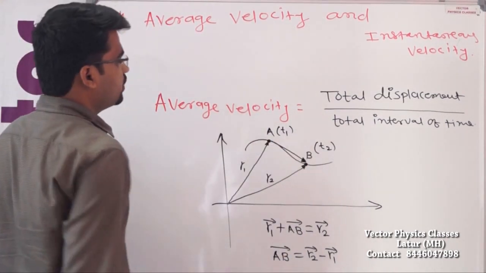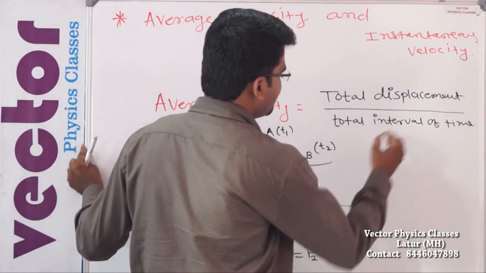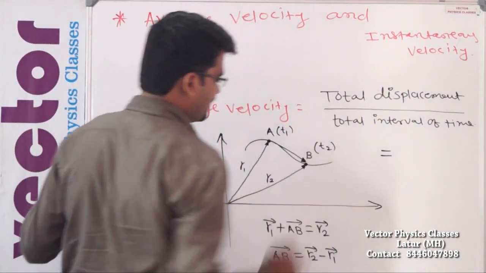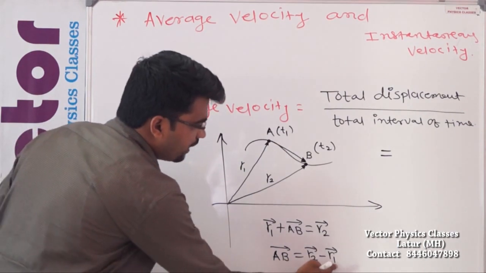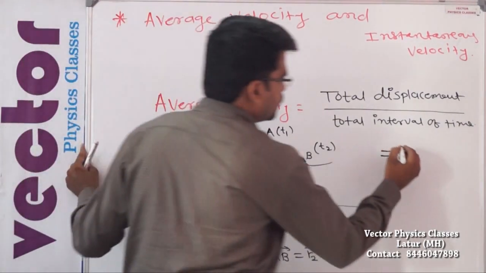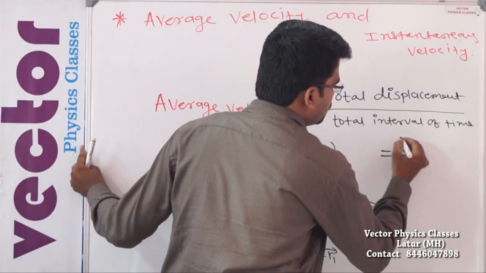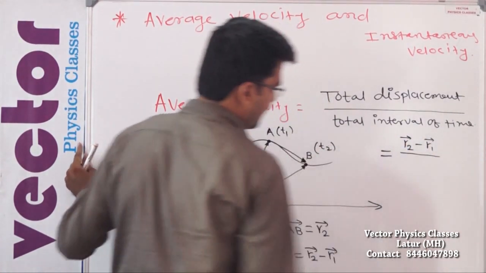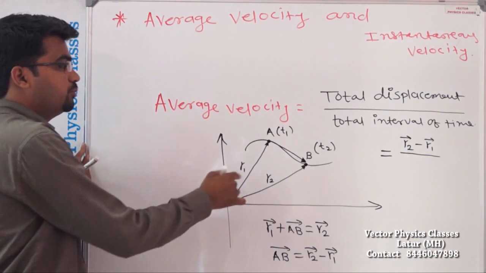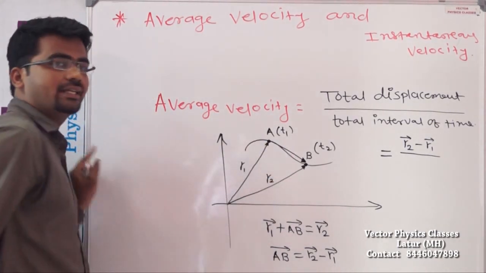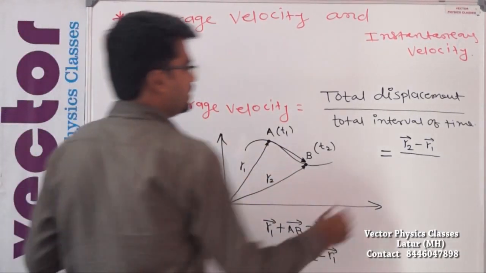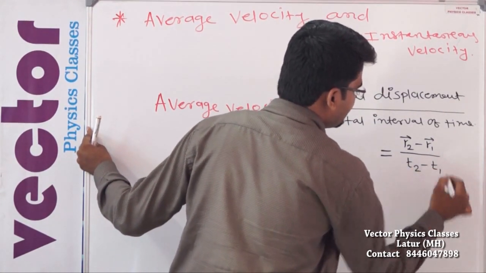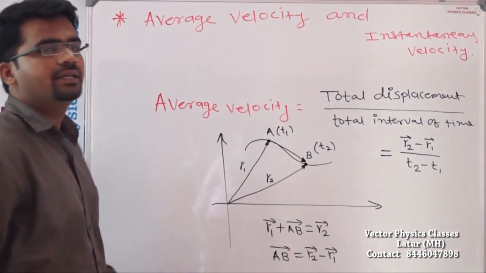So you can write average velocity as total displacement, r2 bar minus r1 bar, divided by the total interval of time, t2 minus t1.